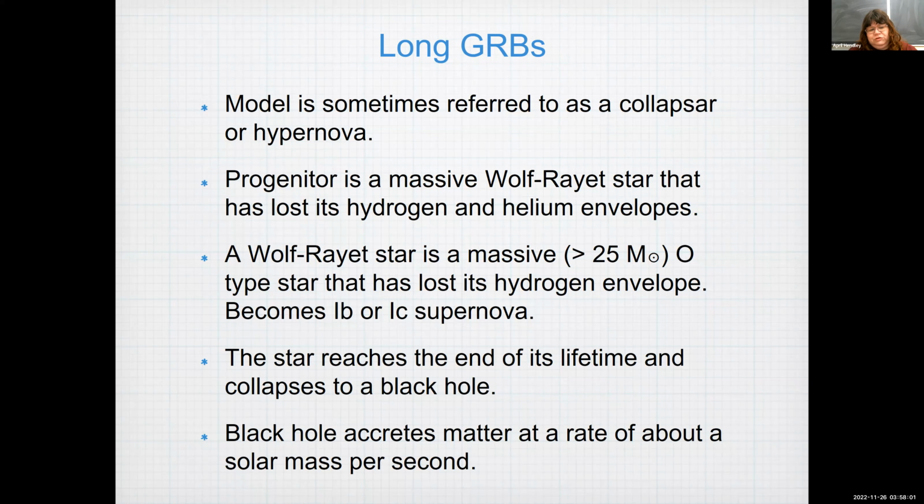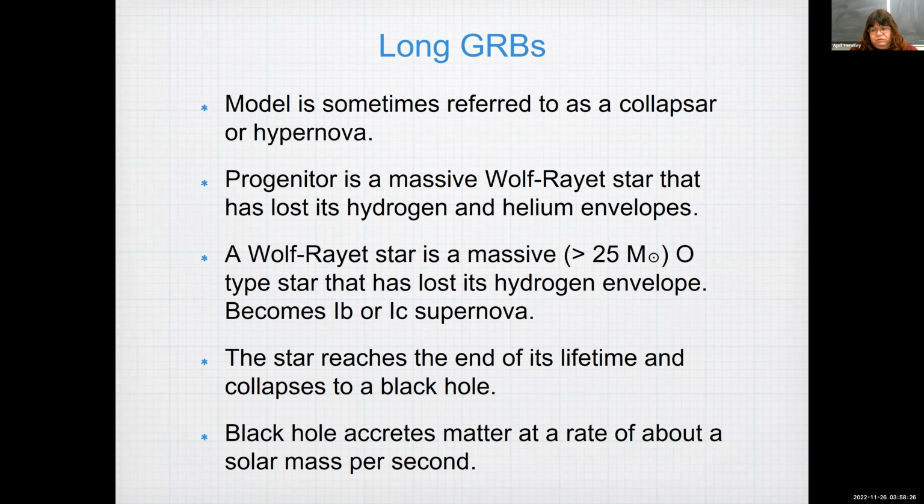The long burst is sometimes called a collapsar or hypernova. They're basically a massive star that reaches the end of its life. Generally, a massive Wolf-Rayet star that's lost its hydrogen and helium envelopes. Basically, a Wolf-Rayet star is more than about 25 times the mass of the sun.